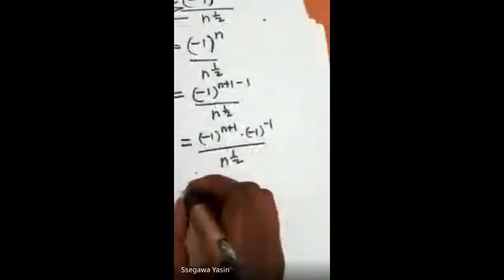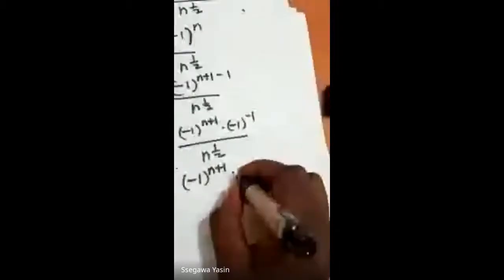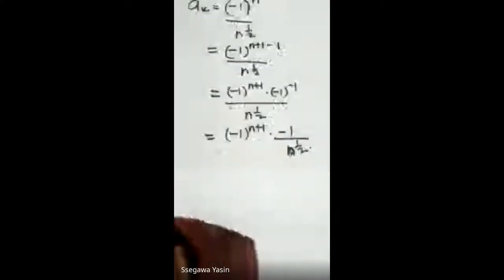Can you see that this is the same as writing negative 1 to power n plus 1 times negative 1 over n to power a half? So from here, if this is number 5, you would have said pick bk, which is the same as negative 1 over n to power a half.